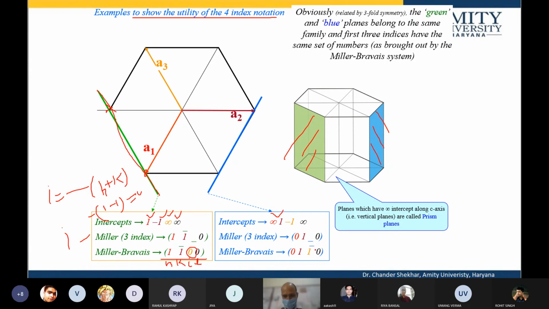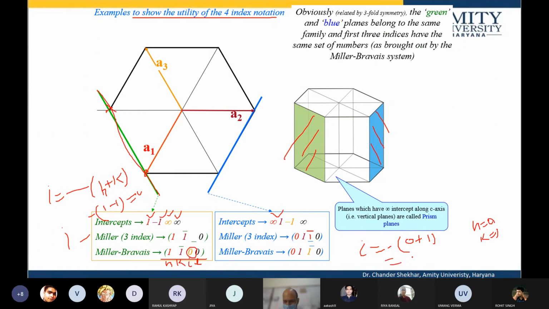And in this case, this is 1 bar, so I is equal to -(0 plus 1), where H is equal to 0 and K is equal to 1.